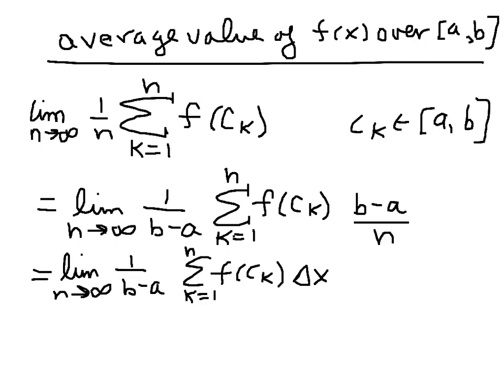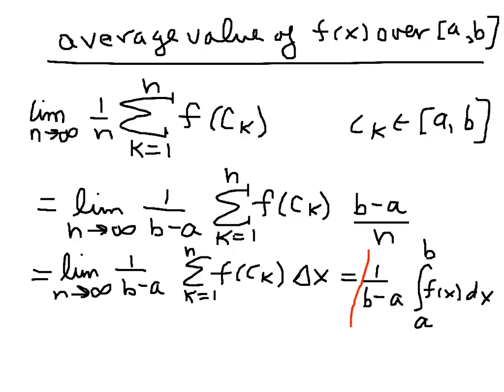And now, if you can just imagine taking this 1 over b minus a and bringing it out in front, because it doesn't depend upon n, then what I'm left with is this expression as n goes to infinity, and you'll remember that that is simply what we call the definite integral, which means the area under this curve from a to b. And that, my friends, is a big deal.